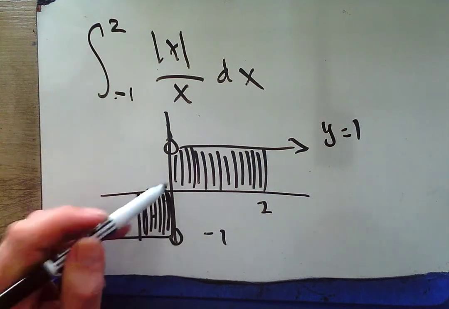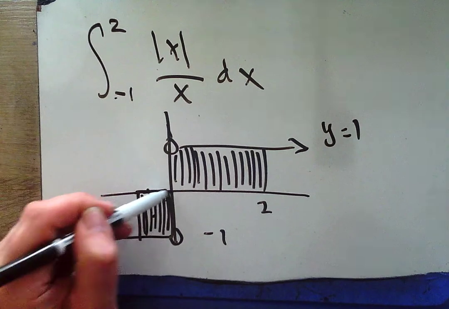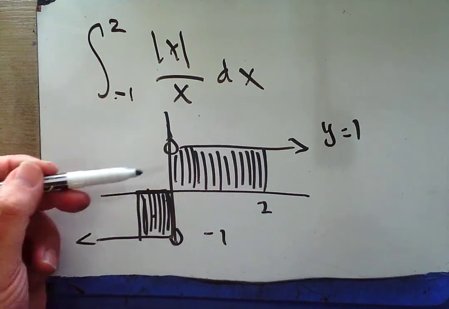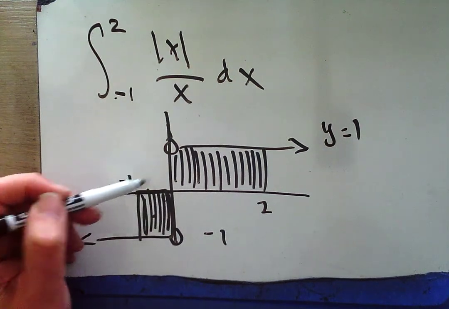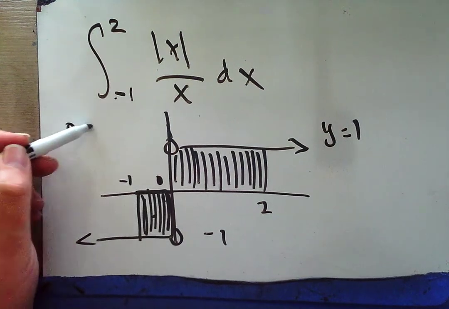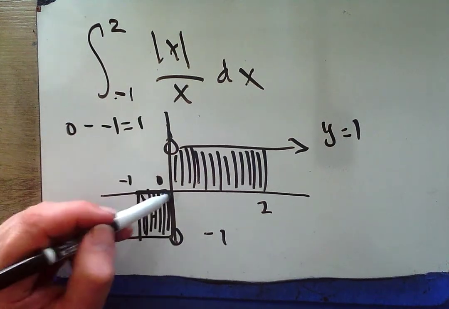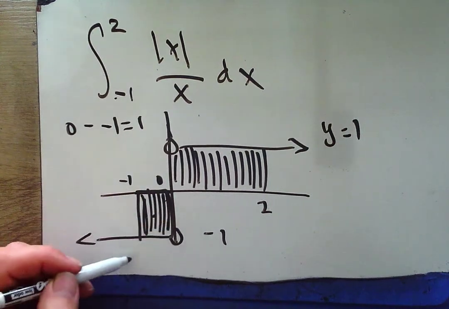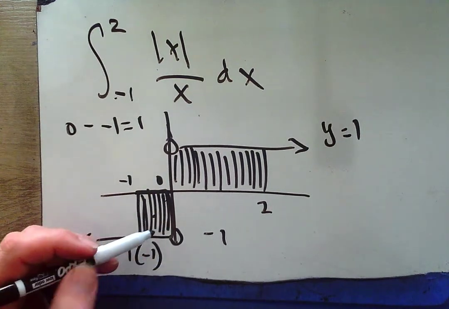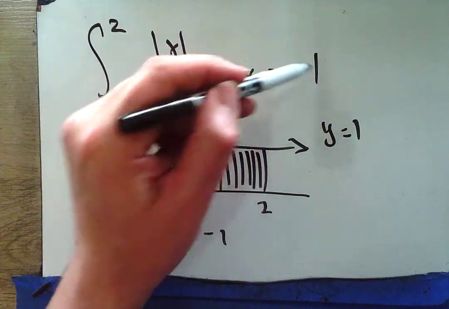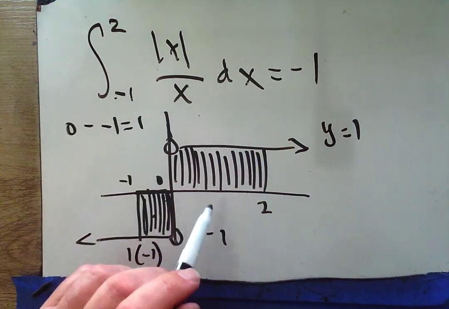So here, I'm integrating this way, which means this is negative 1, this is 0, and so big minus small gives me a length of 1. This is 1 times negative 1, and so we get an area, or an integral, of negative 1.